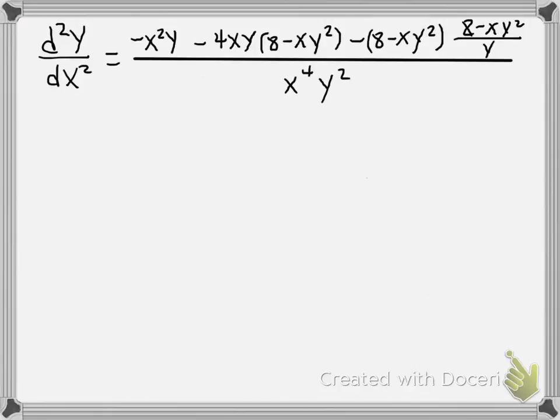Right here we get y to the 4th power. There we get y squared. And here we get rid of the y. And right here we also multiply by y, so it's y cubed.